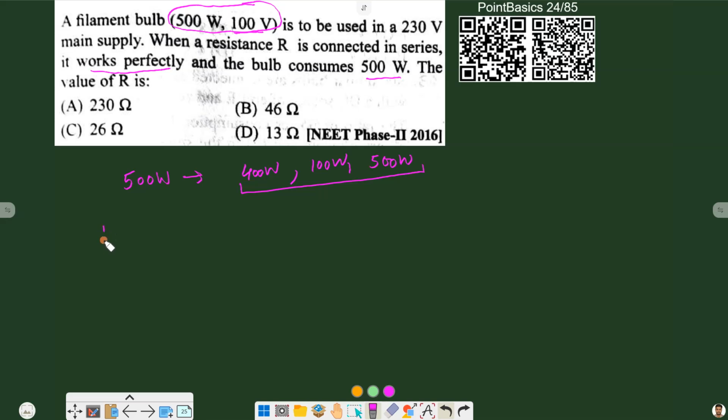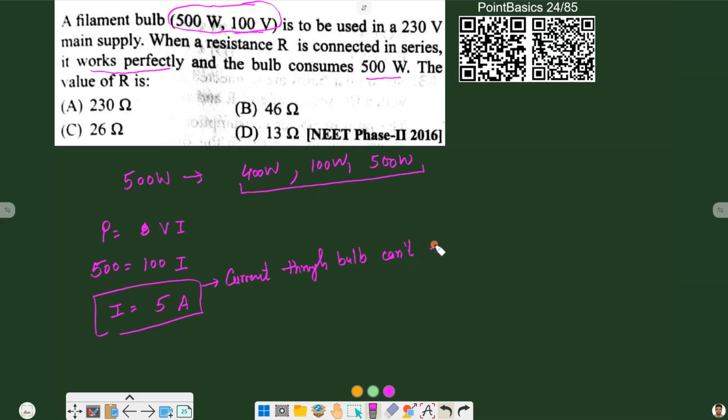We know that power is equal to voltage times current, and for the bulb power is 500 and it is rated at 100 volts multiplied by I, so I is equal to 5 ampere. That means the current through the bulb can't exceed 5 ampere. If the current through the bulb exceeds 5 ampere, it will get fused.